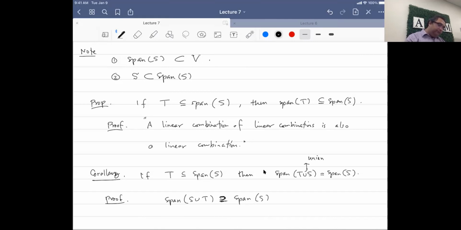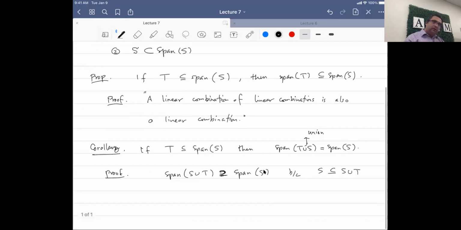Why do we have that? Because S is basically inside the union of S and T. So when you span all vectors in S, you're in particular part of the span of S union with anything else, because you can take the coefficients of anything coming from T to be equal to 0. So that's what we have.